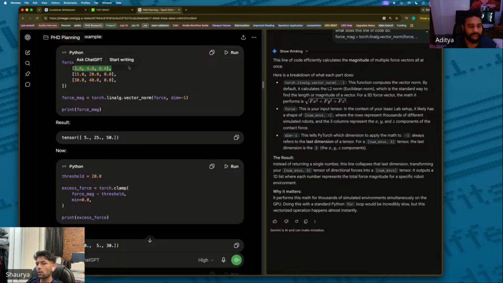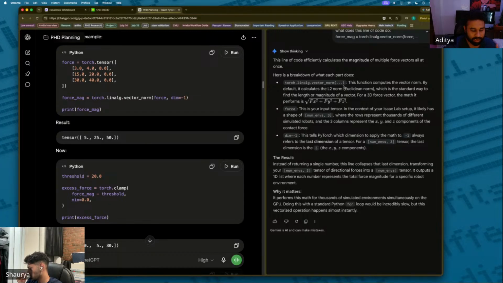Why are we using normalization? What are we trying to do after normalization? What we are trying to figure out is the difference between the forces at different times.